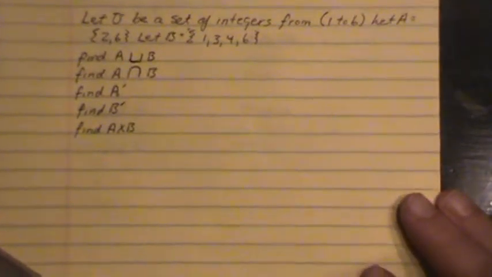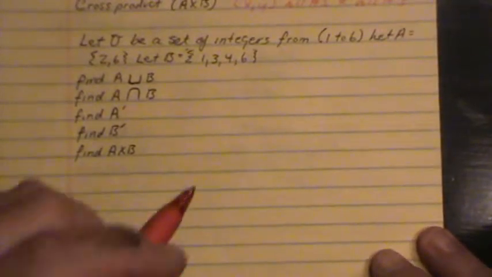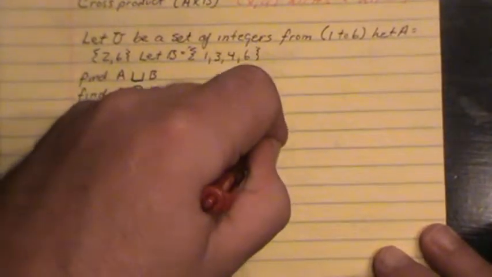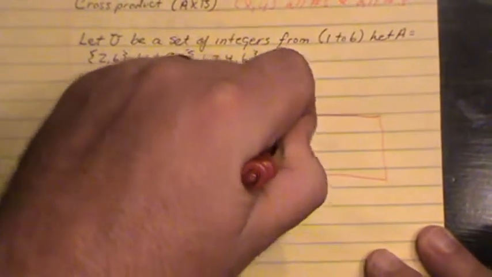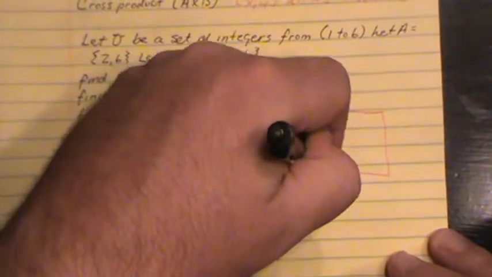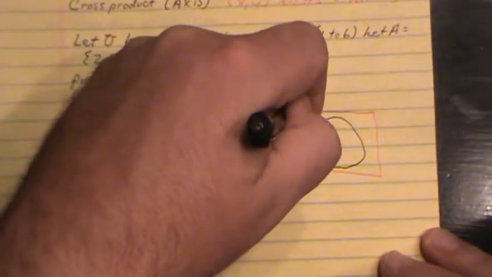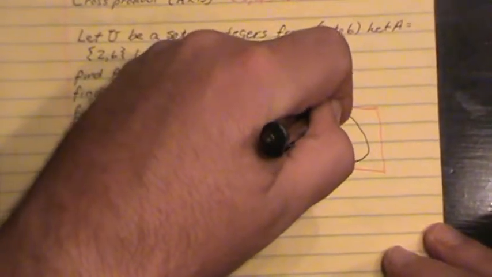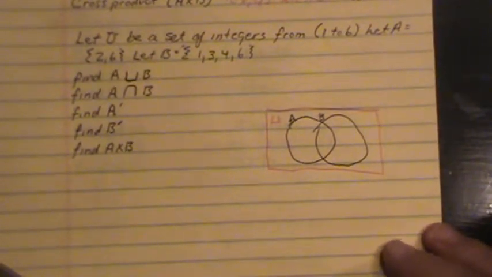Okay. So we're looking at this, and it says let U be a universal set. So what I can do is go ahead and draw a box, and we'll call this my universal. Then it tells me that I have 2 sets in there, like this, and we'll call this one A, and this one B. Now we can put numbers in.